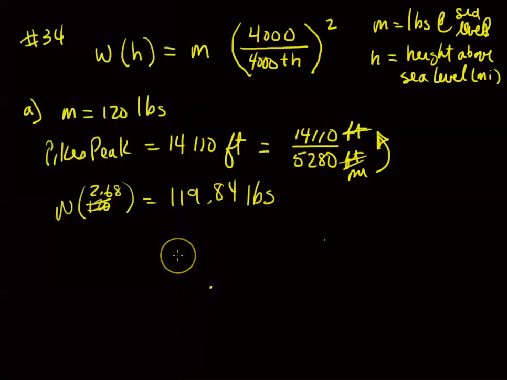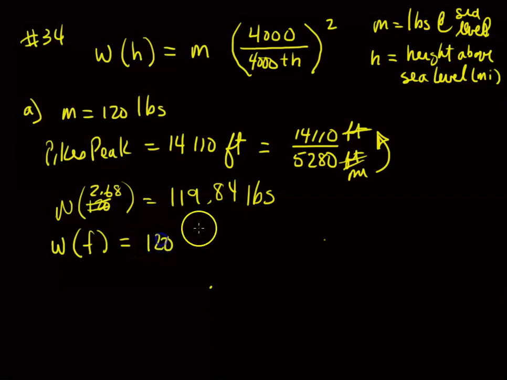If we take a quick look at that, we can change this formula to, let's call it W of F for feet. Now M is still the weight at sea level, so 120 for Amy.